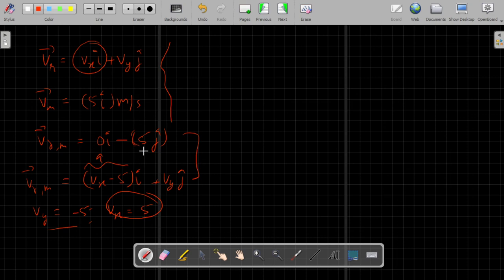The rain appears to be moving with the velocity of 5 meter per second in y direction, which means that the rain must be going with the velocity of 5 meter per second in y direction.